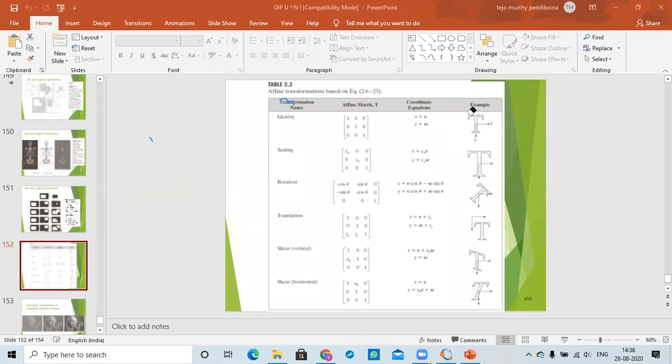Then here it is a little taller than this one. And rotation, we use cos theta, sin theta, and minus sin theta and cos theta as our affine matrix. Then depending on that, it will rotate according to our theta value. So the same T rotates. The shape of this one will not change, only the position values change.